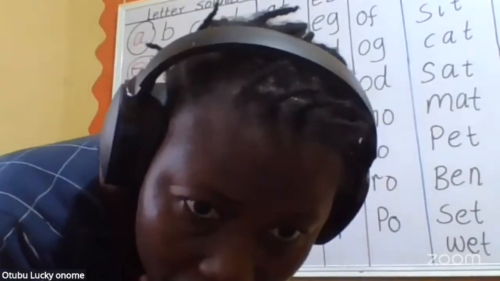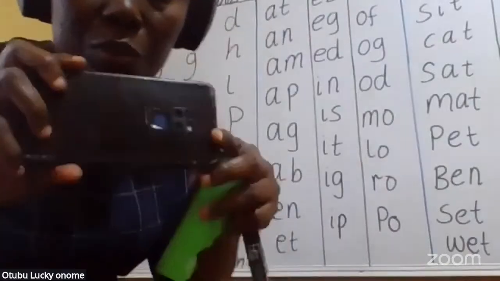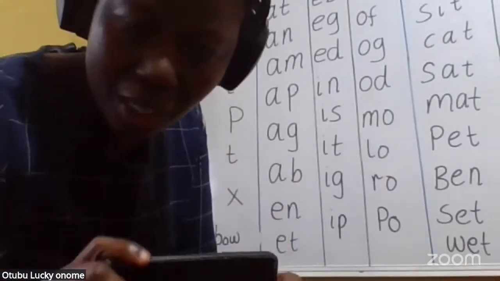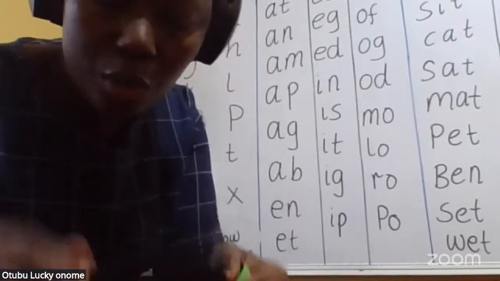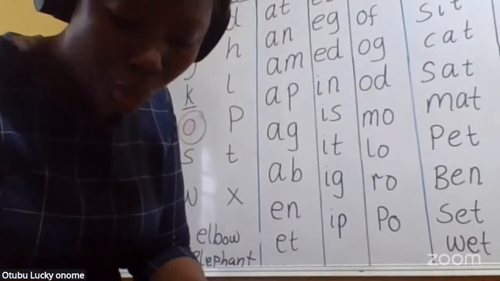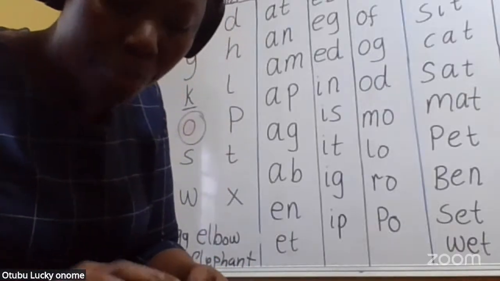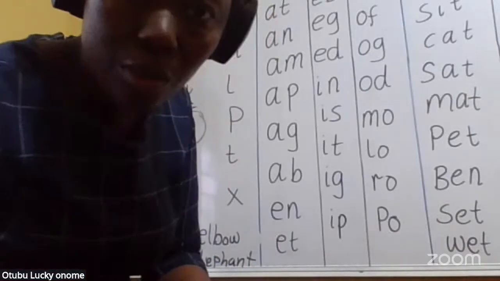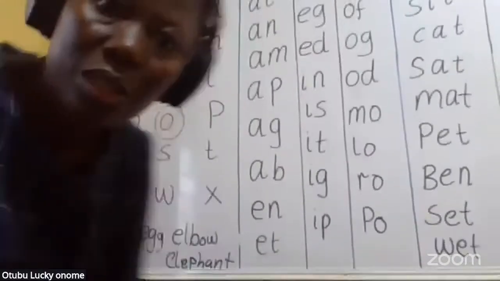Someone said the screen is little. You can turn your phone. If you can't see very well, turn your phone to be horizontal. Don't make it portrait. So that you can see, it can be a bit bold. And you can expand it, especially if you're using a phone, so that you make it big. Although I will still bring the laptop a bit closer.